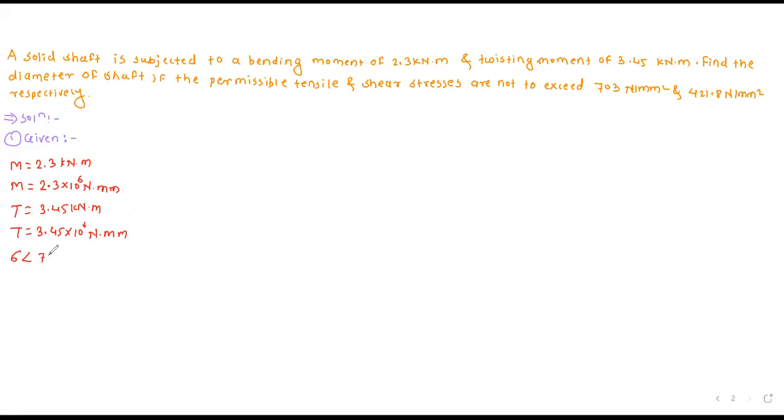Sigma should be less than 703 Newton per mm square, and shear stress tau should be less than 421.8 Newton per mm square. And only one parameter we have to find out, the diameter of the rod. D equals question mark.